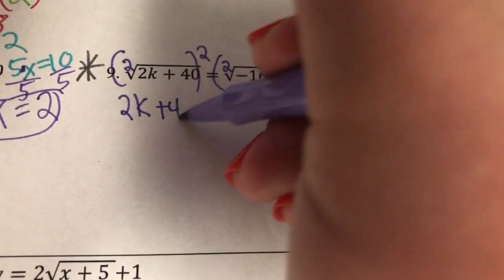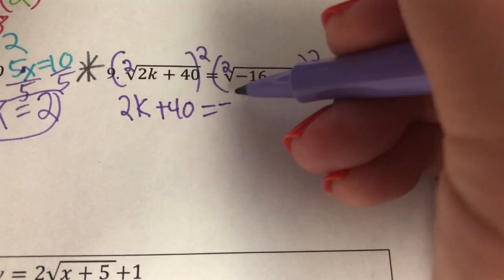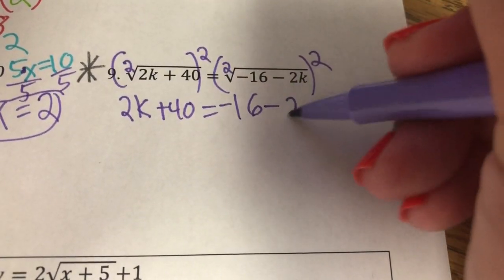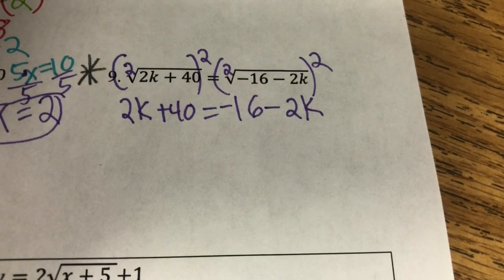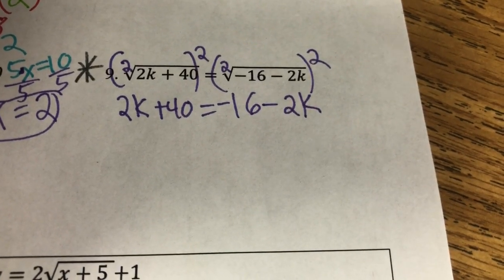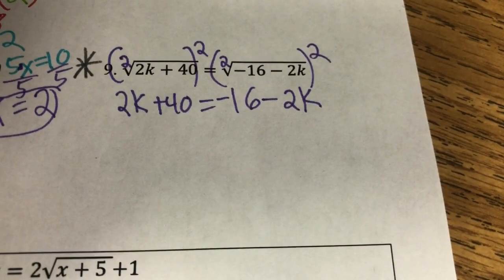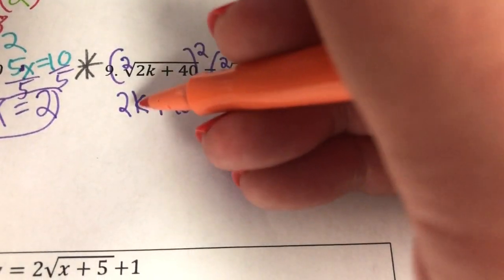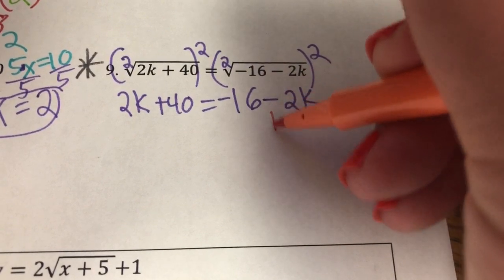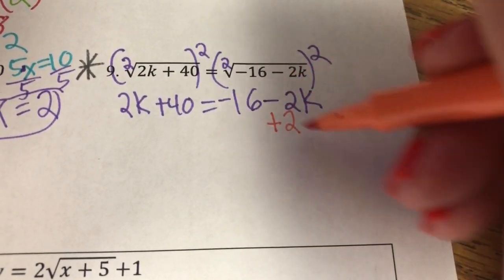So now we just have 2k plus 40 equals negative 16 minus 2k. So I'm going to get the k's on one side. So I'm going to move the k's to the left side. So I've got to move it by addition because it's subtraction or negative.